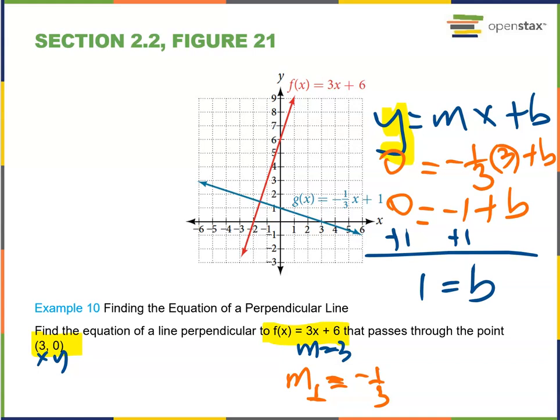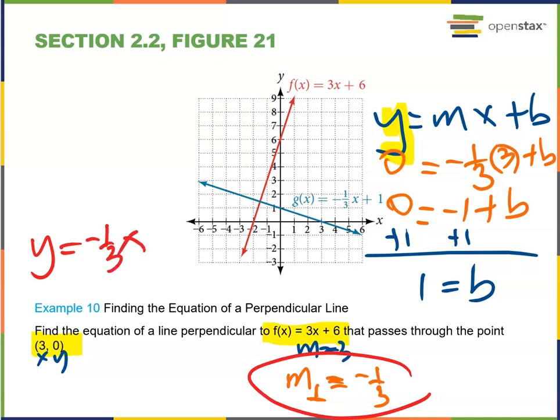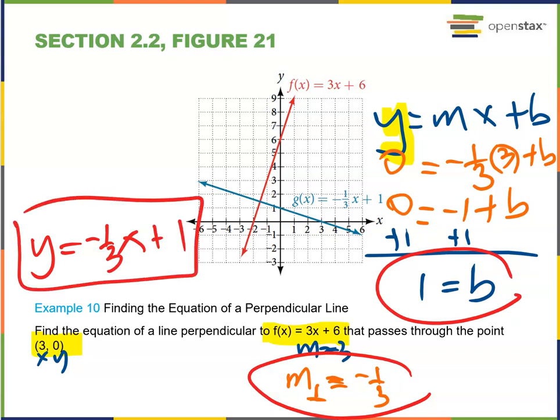So that's how you write the equation of the line perpendicular to f of x equals 3x plus 6. Using this slope, that is y equals negative 1/3 x, and the y-intercept plus 1. So this is the equation of this line, which is perpendicular to the red line.